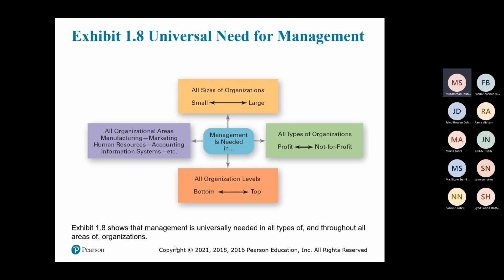This figure is just a graphical representation of the universality of management. In the center, you see that management is needed in all types of organization, whether profit or non-profit. It is needed at all organizational levels, whether bottom level or top level.